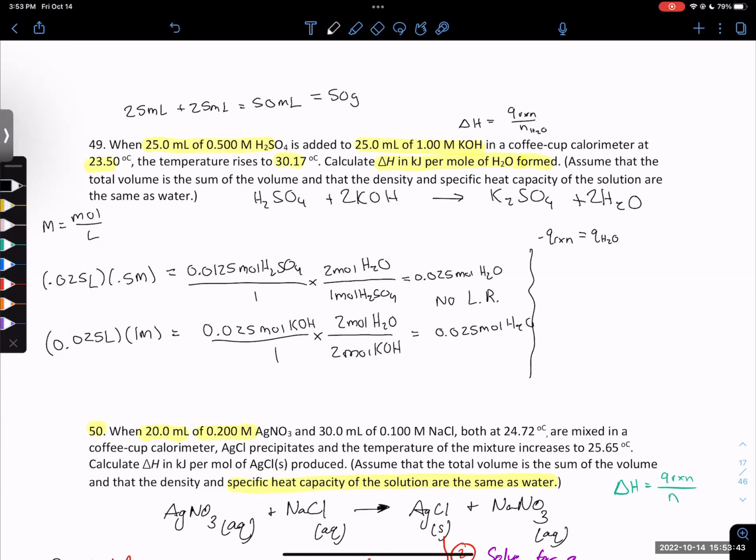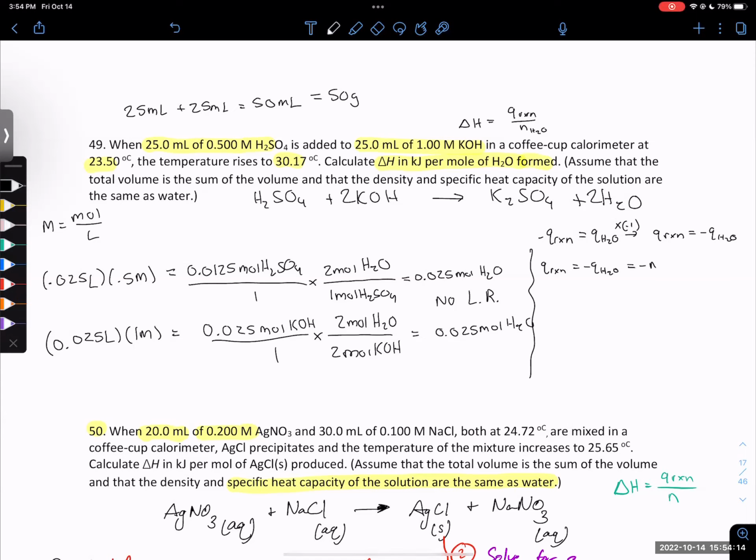And from there we can solve for Q of reaction by multiplying by -1 on both sides, so you get Q reaction equals -Q H2O, right?